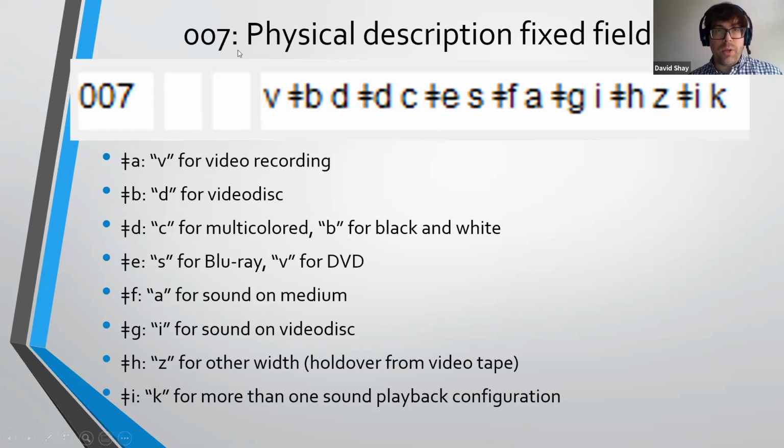All right, so moving on, 007, physical description fixed field. You're going to see 007s in potentially anything, but for the most part, you're going to see them in media a lot, and this is going to give a lot of the physical aspects of the thing that are sitting behind the scenes.